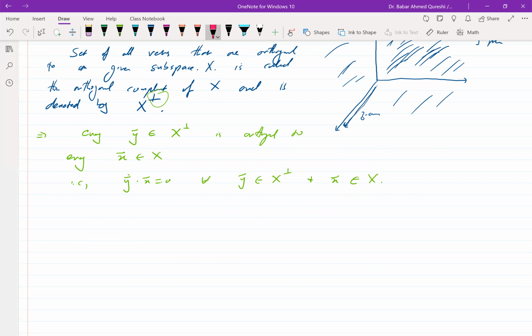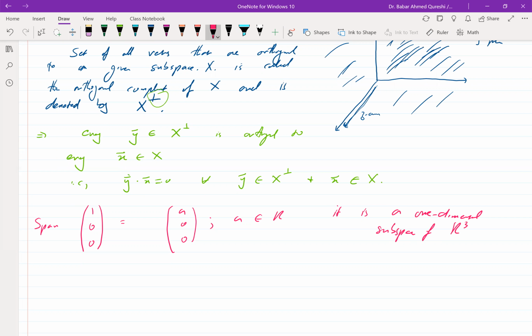I have already given you one example over here, and we can take, for example, this example. If I consider this, the span of this is a subspace. It is a one-dimensional subspace of R3.